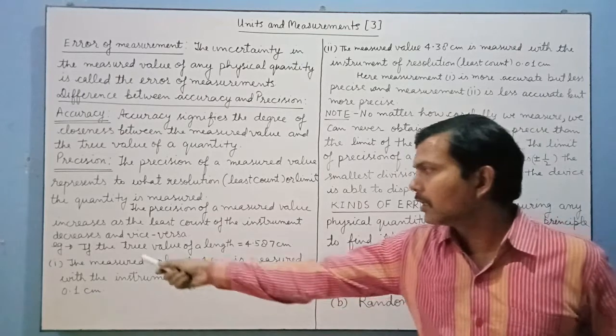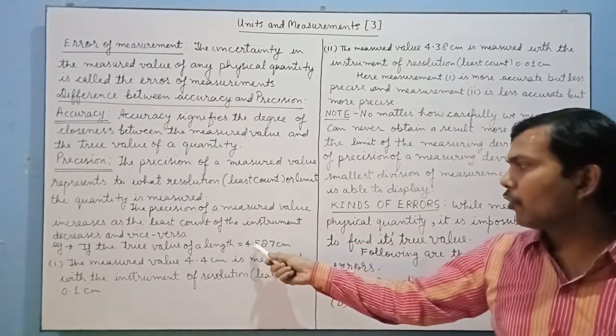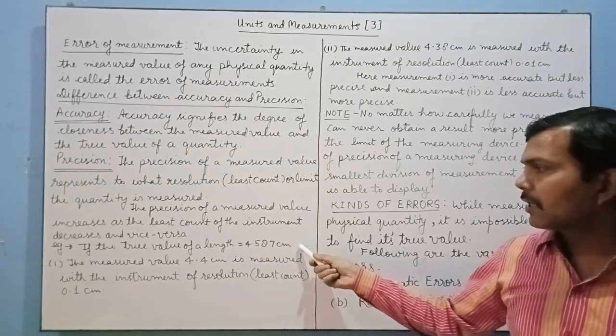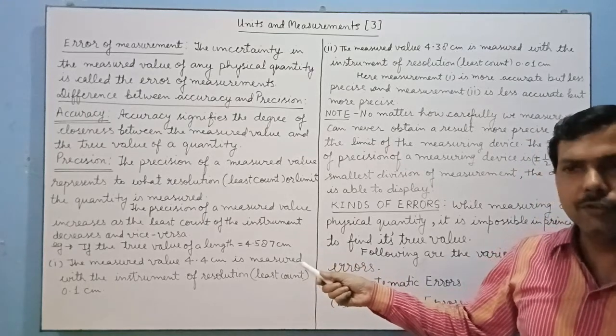Let us consider the true value of a length is 4.587 centimeter. Now we measure the length by two different instruments.